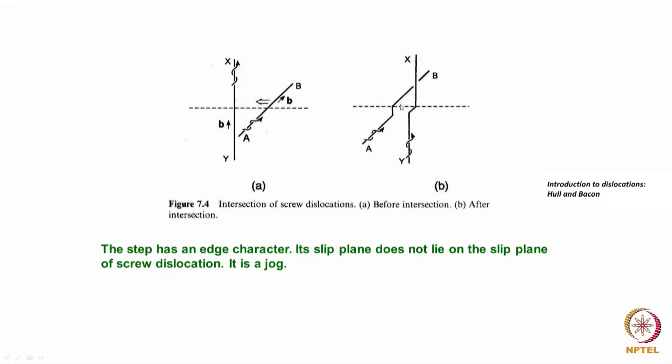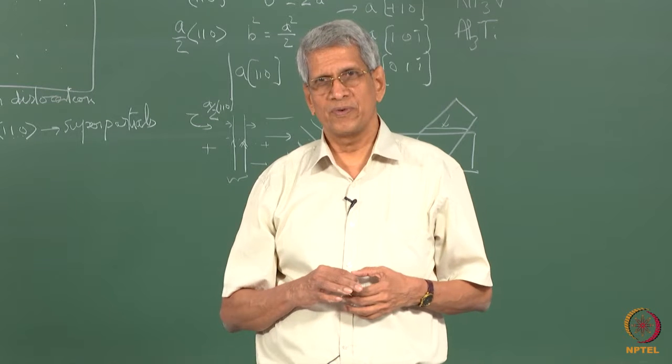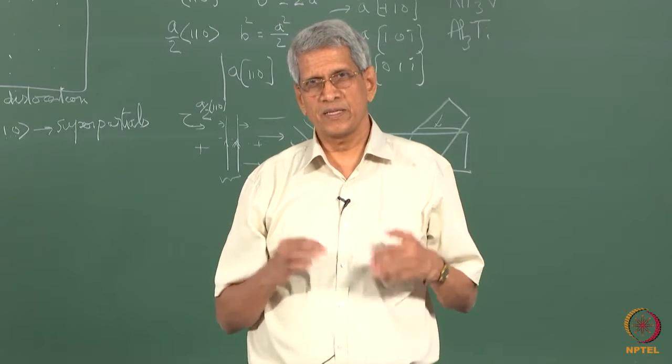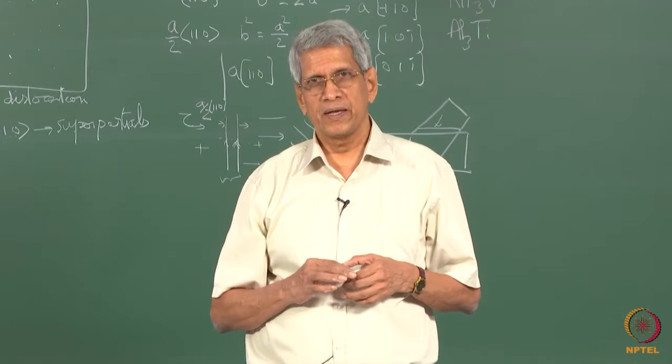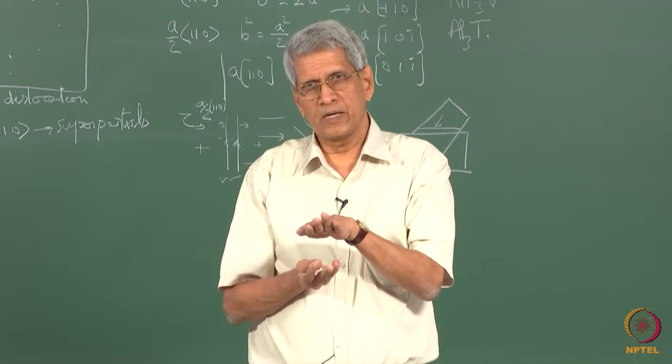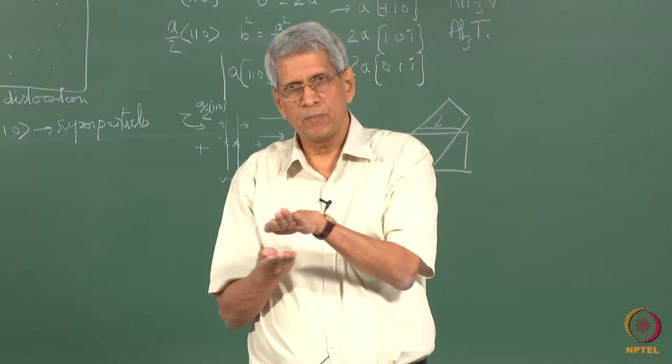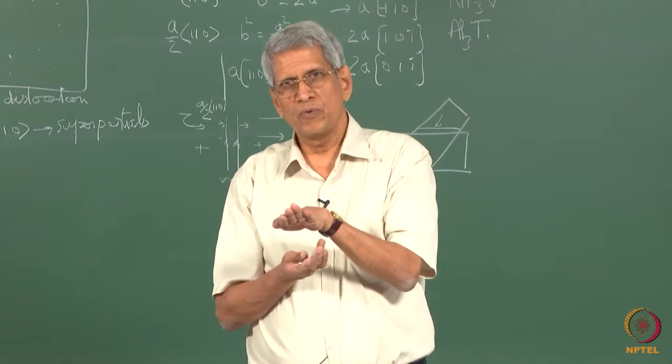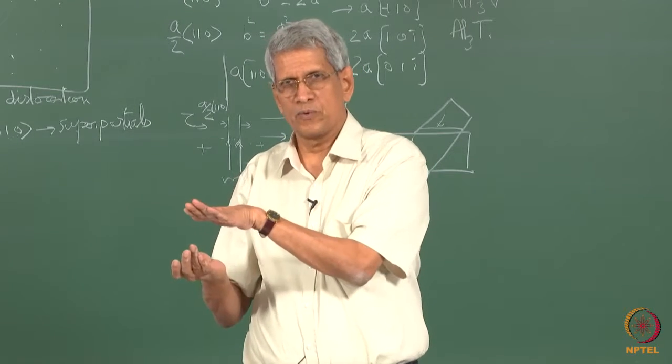So, being pulled in different directions, the jog which is created is not able to move easily under the application of a stress. That means that the screw dislocation on both the segments, on two adjacent slip planes, they move, but the jog will not. Higher stress is required to make the jog move.